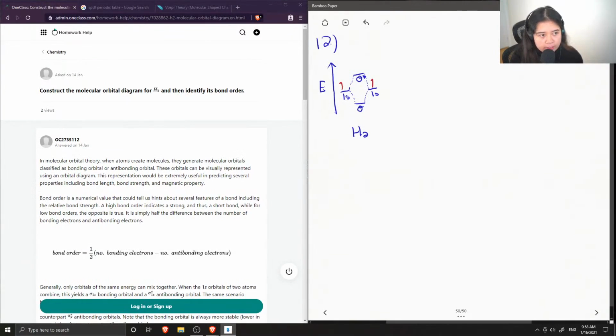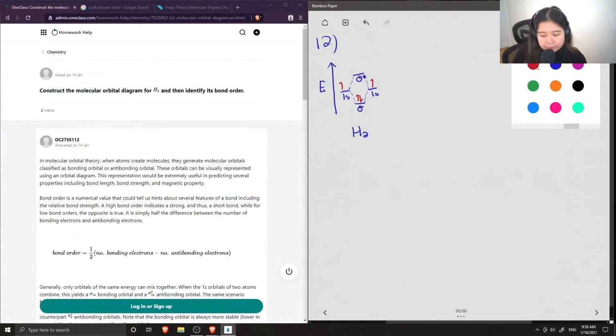And then these two electrons can come together to form a sigma bond. So we can draw those two electrons as a sigma bond. And then this is our molecular orbital diagram for diatomic hydrogen.